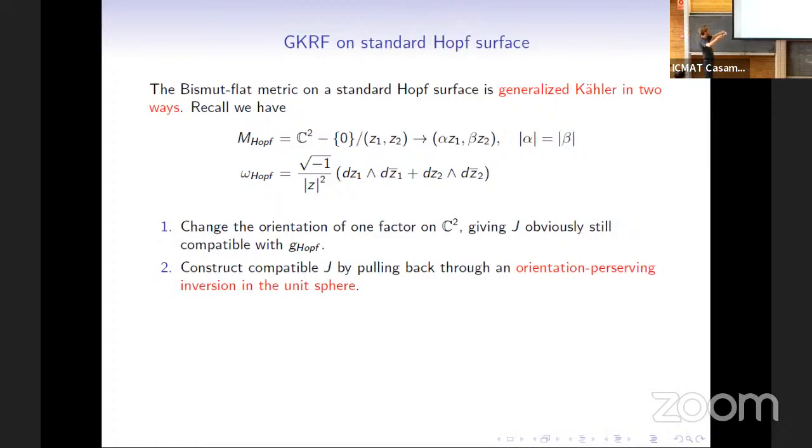You pull back J through an orientation preserving inversion in the unit sphere. And you can show that it commutes with the Z action on C2. And then you produce this second complex structure. And this one is generically non-degenerate. So the Poisson tensor is this standard Poisson tensor on C2, Z1 Z2 del Z1 wedge del Z2.